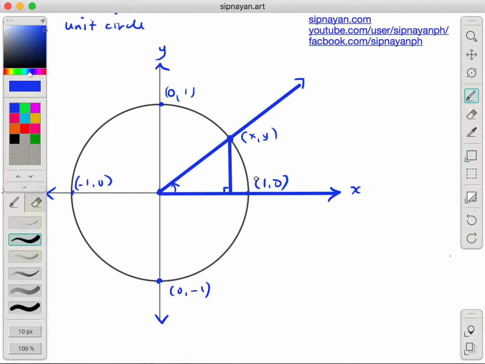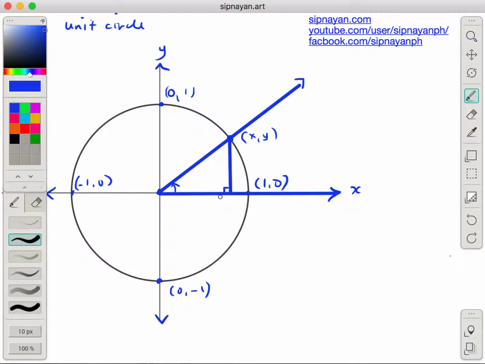Yung x and y in relation to the right triangle, di ba? Ito ay 0 tayo. Papunta dito, ilang unit yan? Di ba ito yung x-coordinate natin? Kunwari, 0.8 yung coordinate nito.